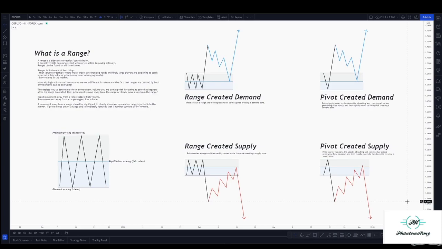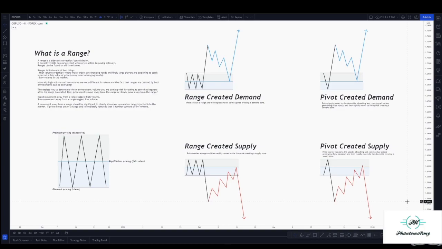But again, it comes back to that concept of supply and demand. When there's fair value, orders are changing hands at a rapid pace, and you're not seeing much movement on a price chart. When there is an imbalance in supply and demand, that's when you see price move rapidly in one direction because it's trying to seek more orders or liquidity to balance that supply and demand.